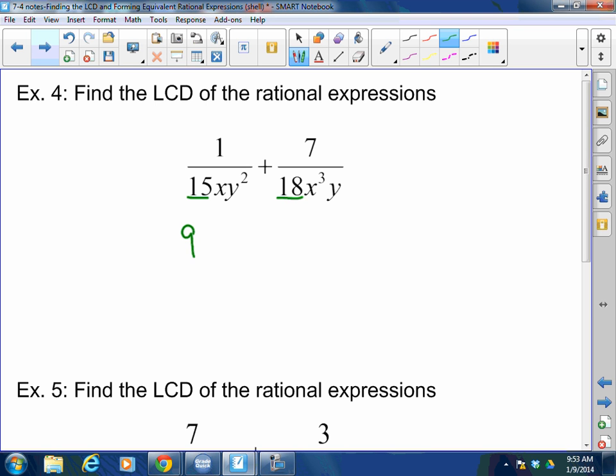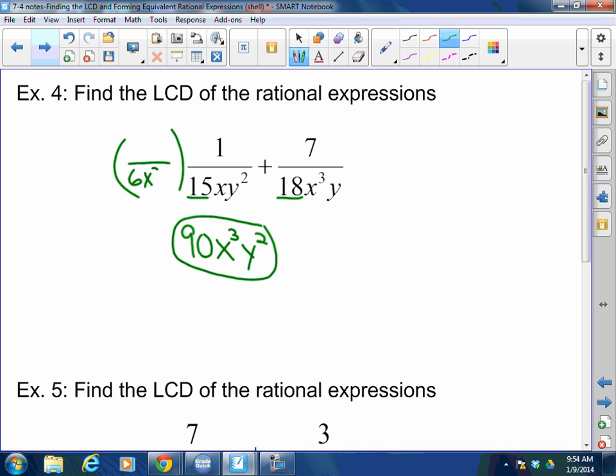Thank you. So 90. What about the x? How many x's do I need in my LCD? x cubed. And how many y's? Squared. Done. How do you do this though? Just so you know, you don't have to do this, but I would multiply now 6, because I need 6 times 15 to get to 90.